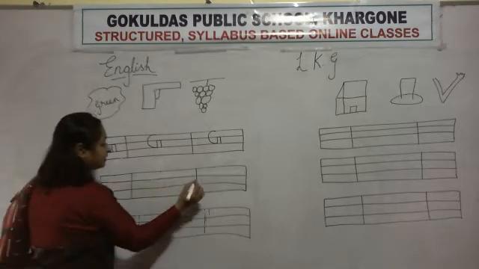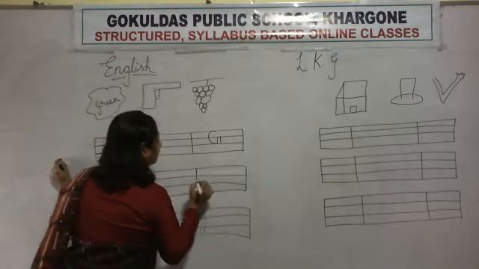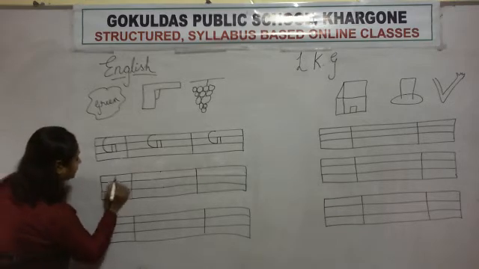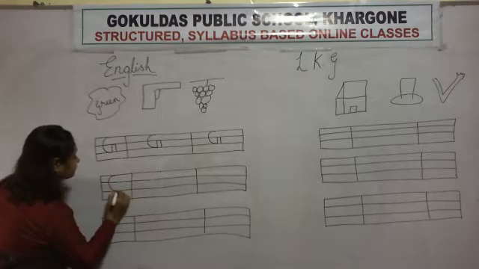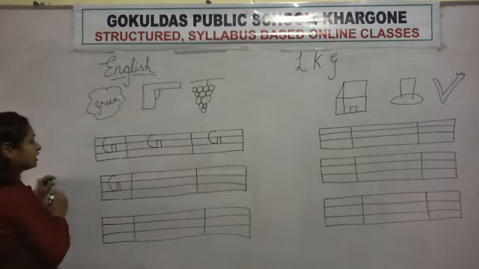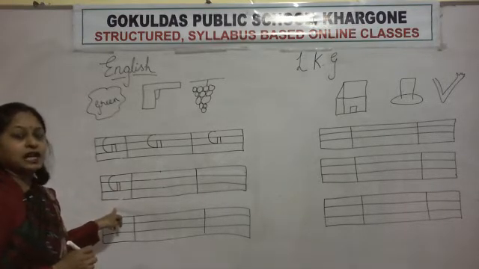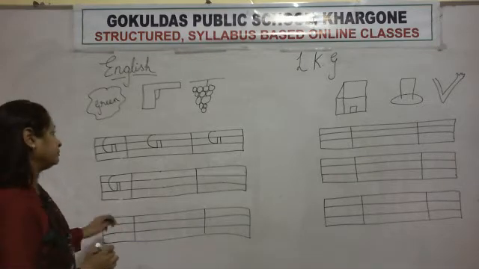How many dots were given? 2 dots. First on the upper line and second on the base line. Half curve, up, sleeping line, down. G. Which letter is this? G.